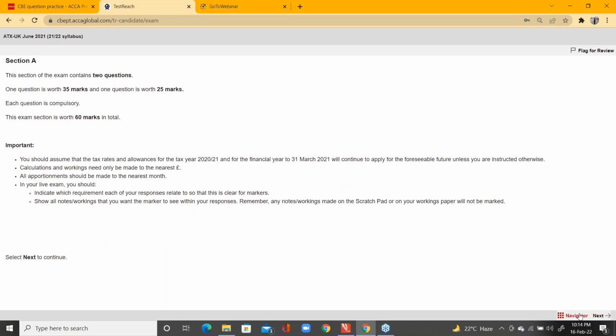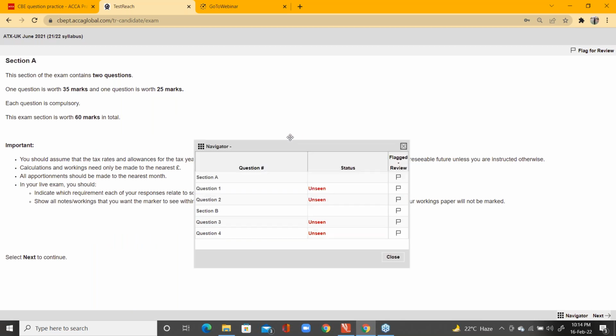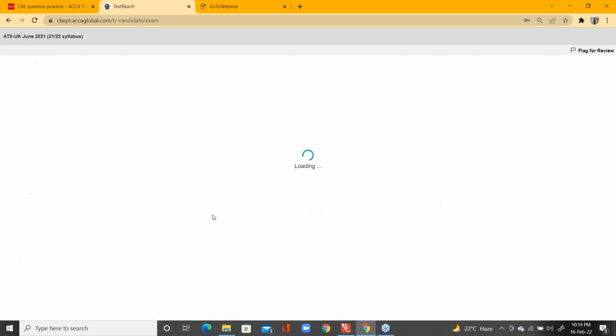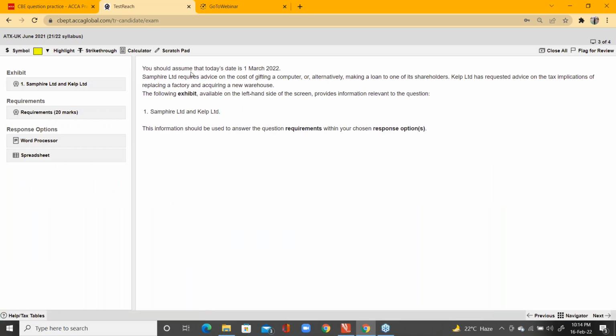As we are going to attempt the third question, from the navigator I'm directly moving towards question 3. It is purely based on the discussion we just had from the PDF file. Again, we would not be reading this question; however, we would be reading it by planning how to answer.